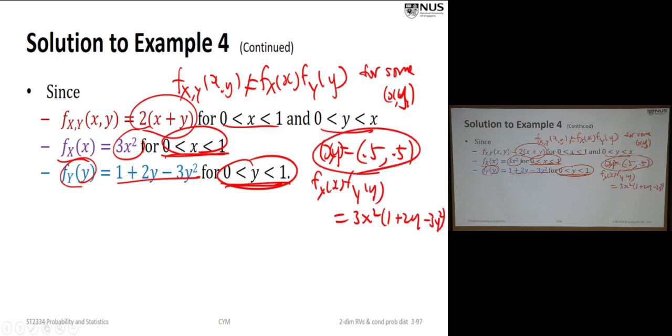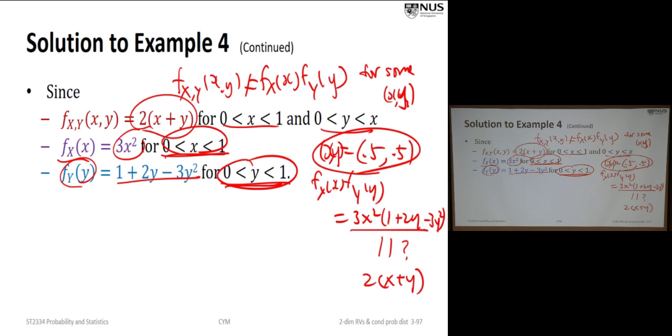For this particular point, the product of f of x and f of y is given by this expression. Is this equal to 2 times x plus y? Obviously not. So x and y are not independent. Am I clear?